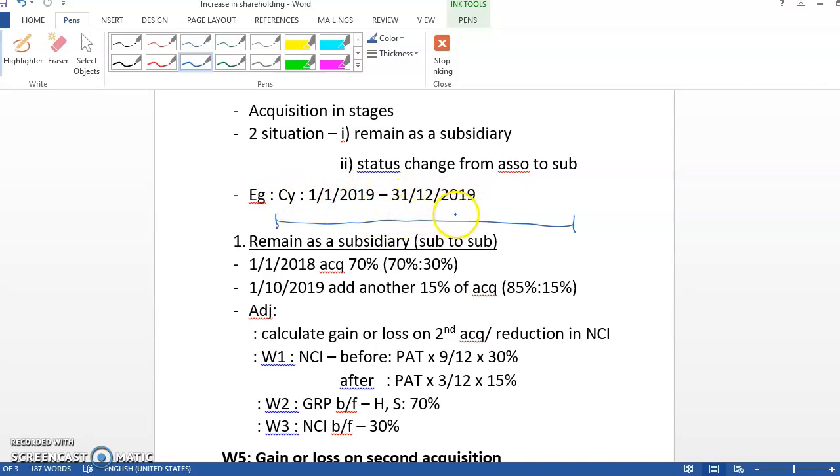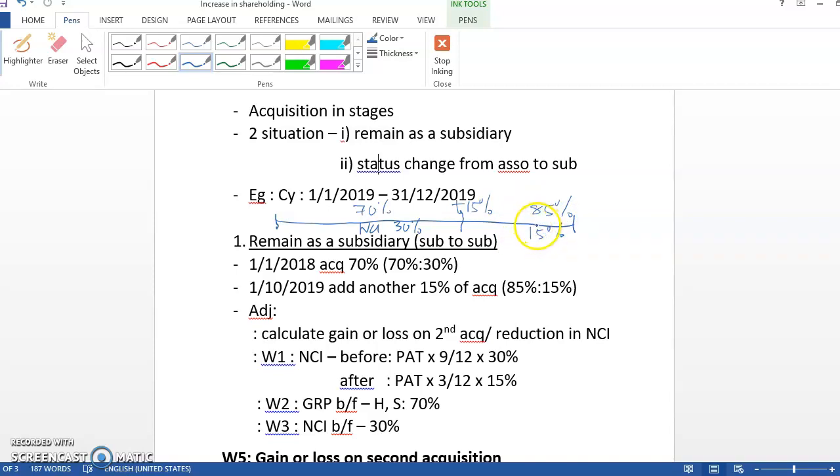So on the 1st October, they add another 15%. Initially the acquisition is 70%, NCI 30%. But here, after they add another 15%, the acquisition becomes 85%, and the NCI is now reduced to 15%.